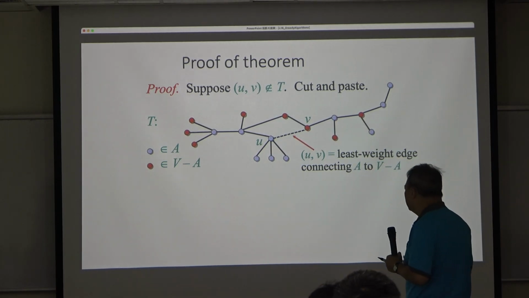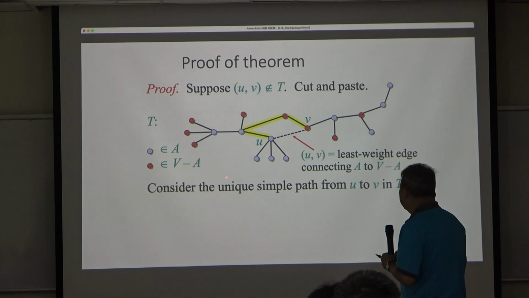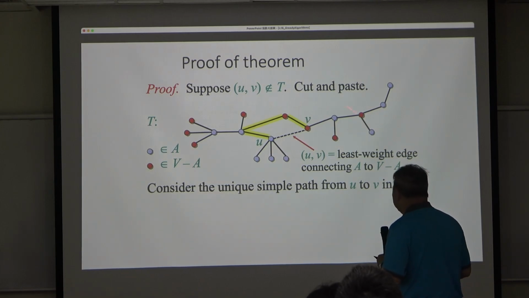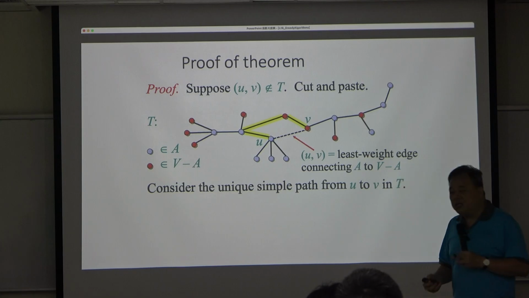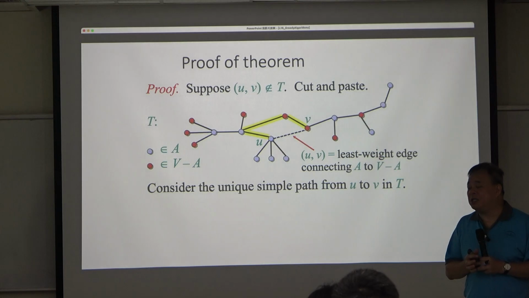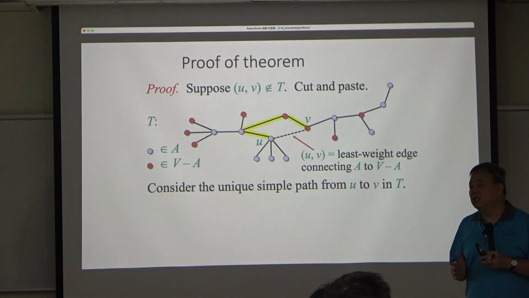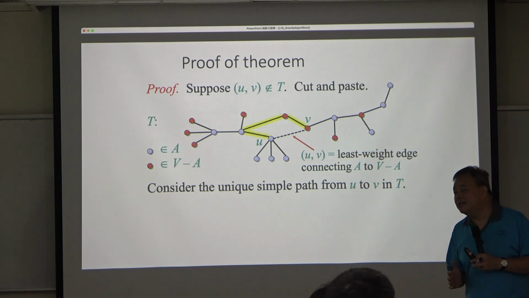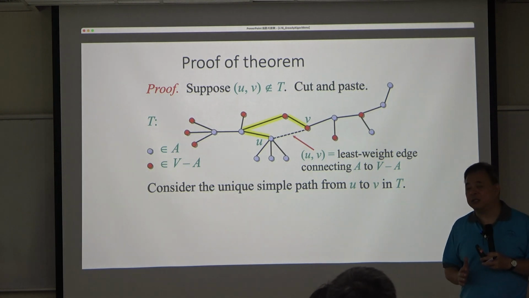How? Consider the unique simple path from U to V in T. We know the MST obviously connects all the nodes together, right? MST obviously connects all the nodes together.